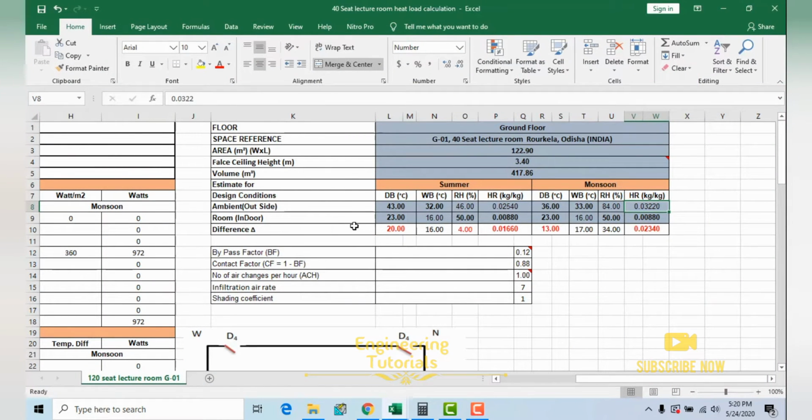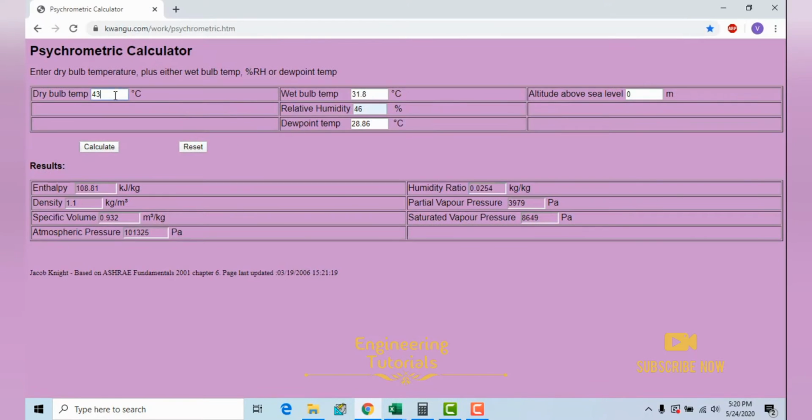So indoor design conditions which we have selected is 23-degree dry bulb and 50% relative humidity. So we know these two parameters. If we put these two parameters in the psychrometric calculator, we can get this wet bulb and humidity ratio. So 23 is the indoor dry bulb temperature and 50% relative humidity.